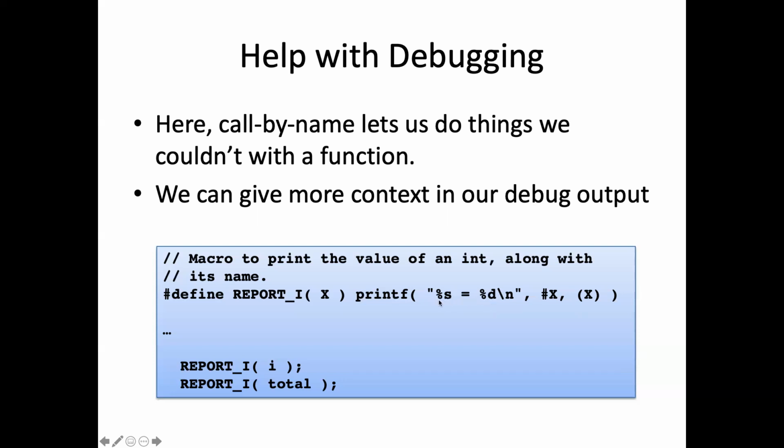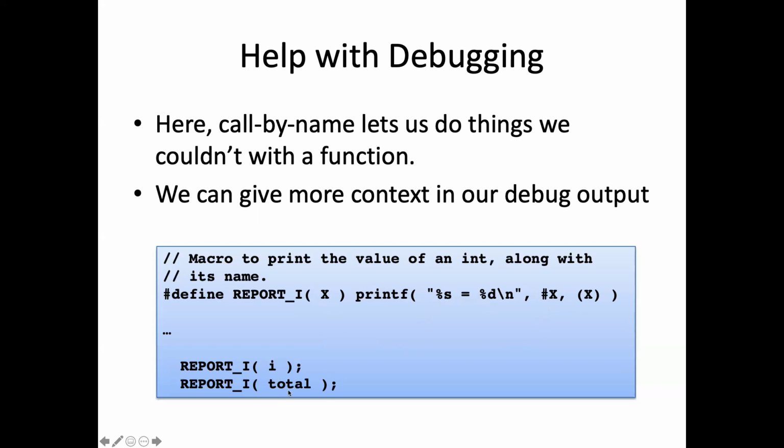How do I know the name of the variable you're printing? Well, since the preprocessor expands this, it knows whatever syntax you pass in as x. And remember, we just saw that $x evaluates to a quoted string for whatever you pass in. So in this first call, it'll evaluate to I in double quotes.